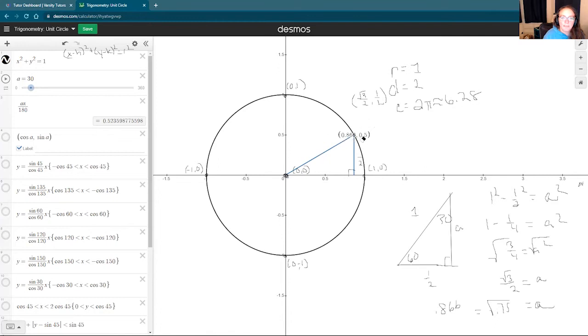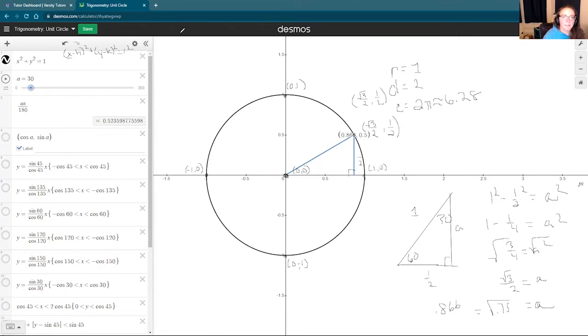And look, 0.866, 0.5. See that? There it is. That's just the Pythagorean theorem, isn't it? So then when we do the unit circle, we will write √3/2 and 1/2.